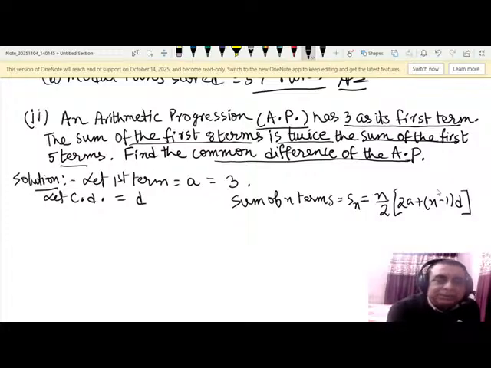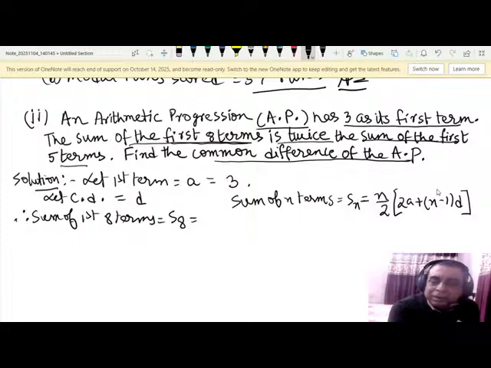So here, what will be the sum of the first 8 terms?